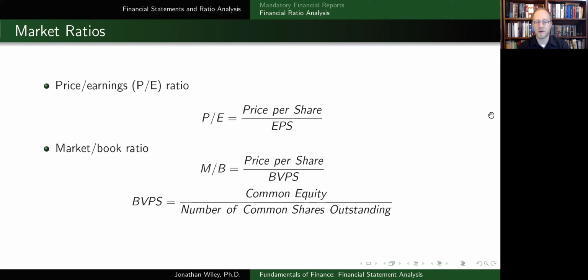One possible way that could arise is if people's expectations about future profitability are poor. In other words, if we think the company doesn't have a good future, then our expectations of future earnings are low, and the price may well be accounting for that.